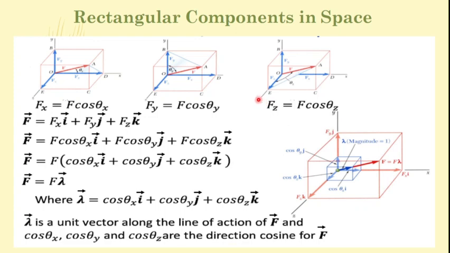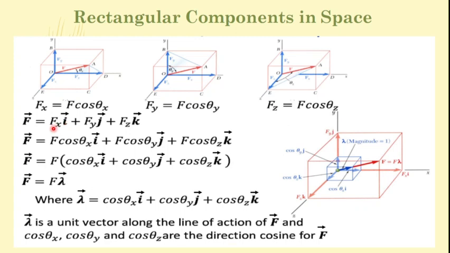Therefore, for a 3D space, when a force vector acts, we can represent this force vector F as F vector is equal to Fx i plus Fy j plus Fz k, where i, j and k are the unit vectors along x, y and z direction respectively.